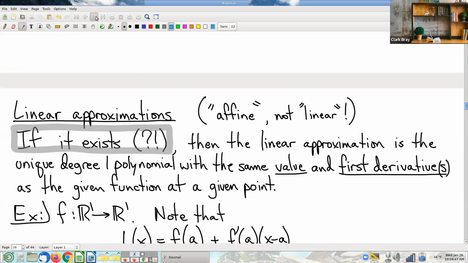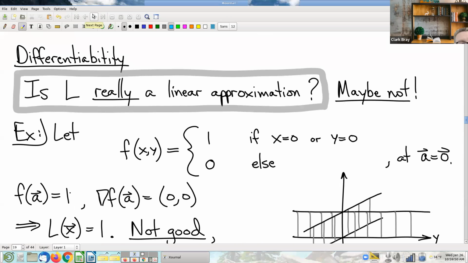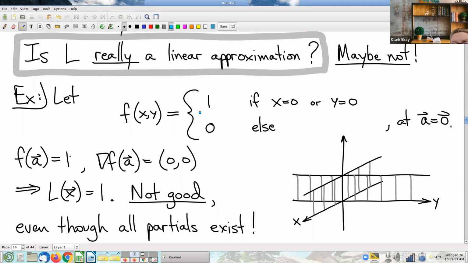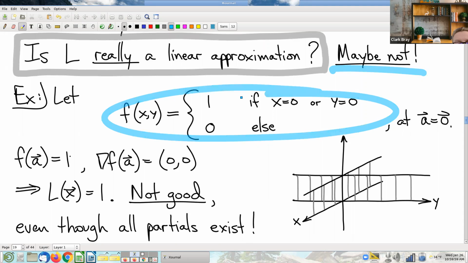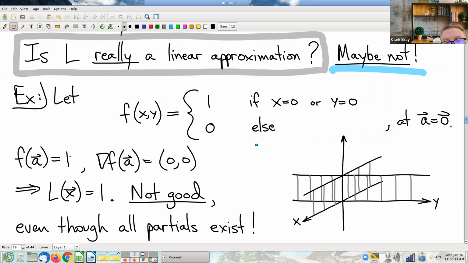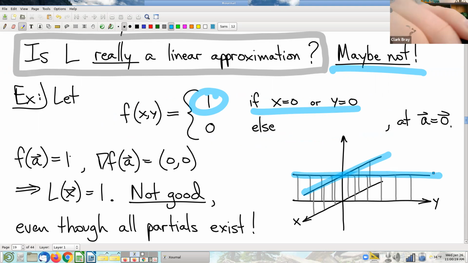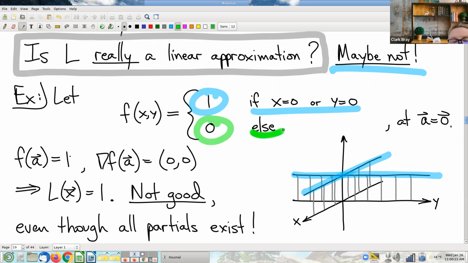So it's a very thorny question to ask, is there actually a linear approximation in the first place? And so I'm going to try to persuade you that sometimes there might not be by this example. Check out this function. Now that's a weird function. It's a super weird function. This is the tip of the iceberg, by the way. There are much weirder functions than this out there, but it's a perfectly legal function that's defined to be 1 on the x and y axes, and then it's defined to be 0 sort of everywhere else.